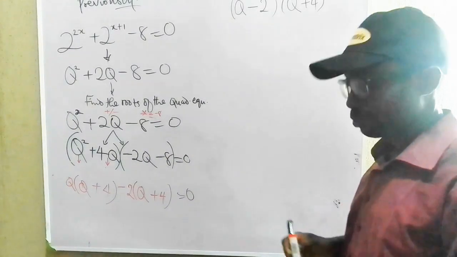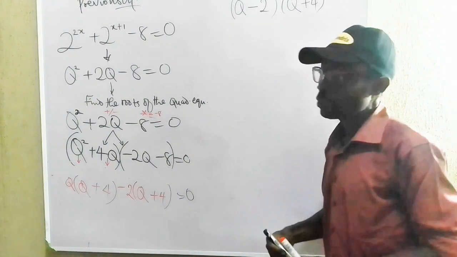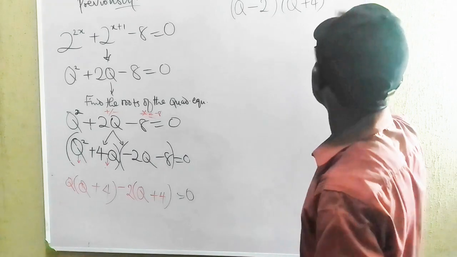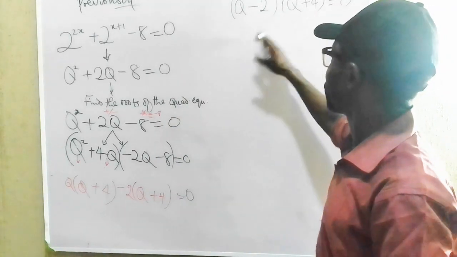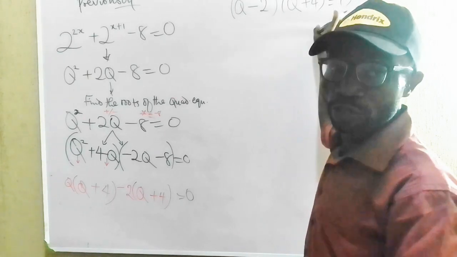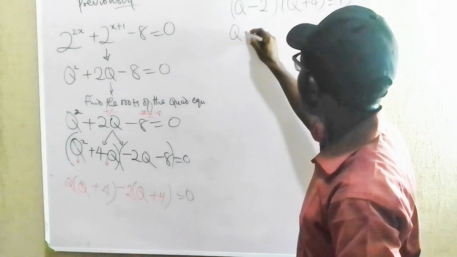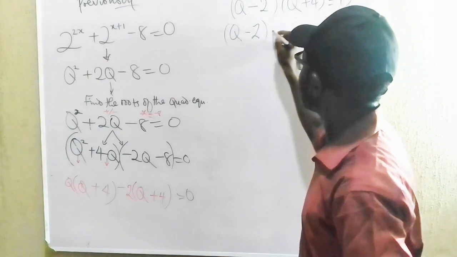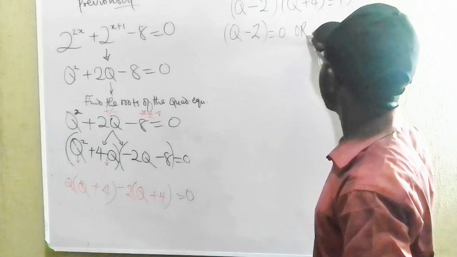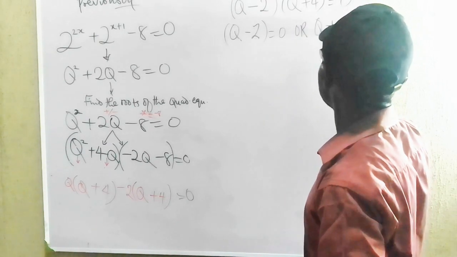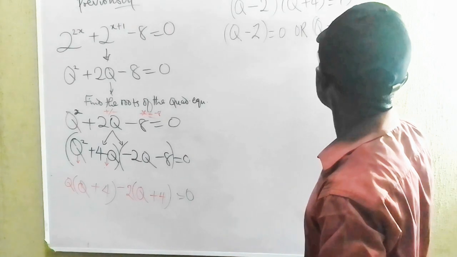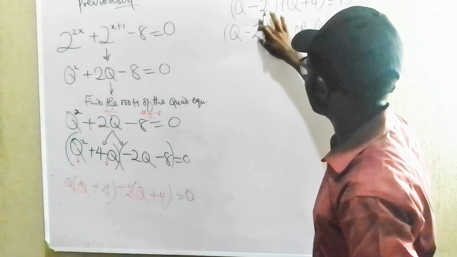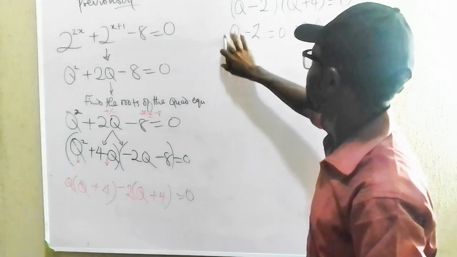Equals to 0. That's the question, we didn't throw it away. So we have to separate them, making both equal, separately equals to 0. This is going to be q minus 2 equals to 0, or q plus 4 equals to 0. Now let's remove the brackets.